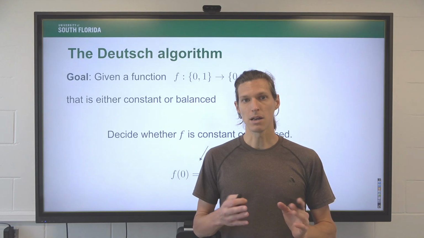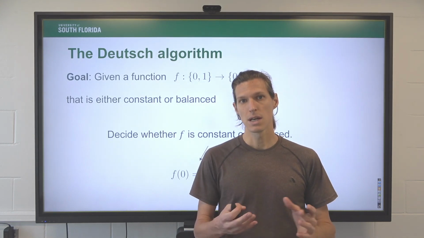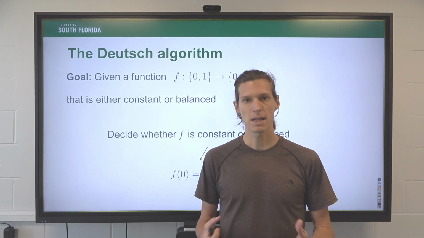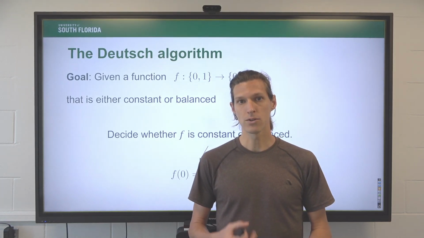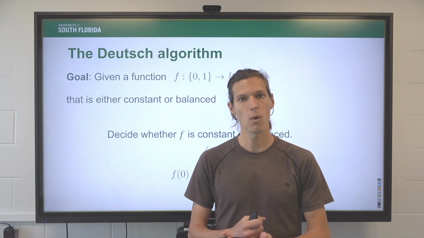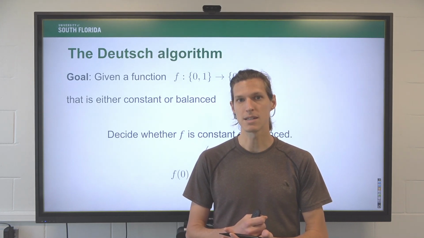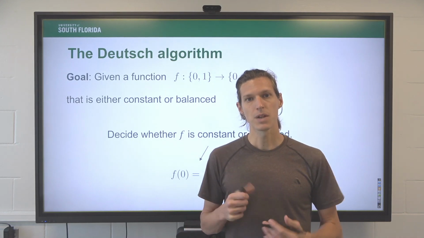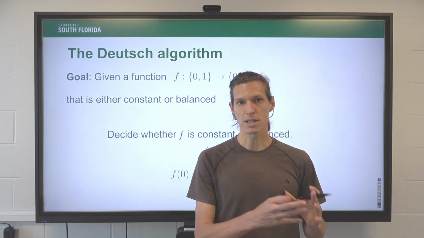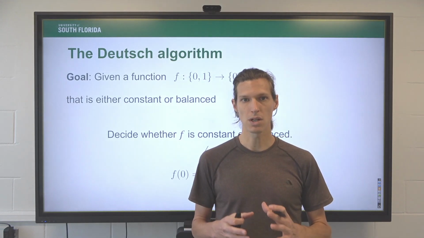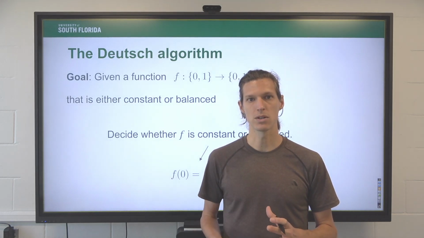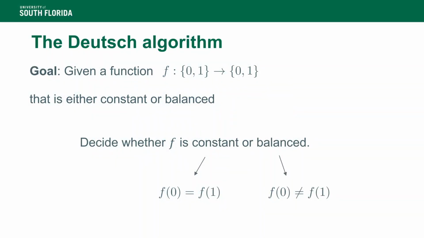Again, if I was to ask you this question and then give you a box that evaluates f, then classically you would be required to query this box twice in order to answer the question. Here, in the quantum setting, our circuit is only going to make use of a circuit that evaluates f once to answer this question, which is very impressive.